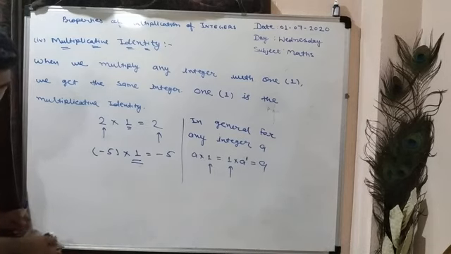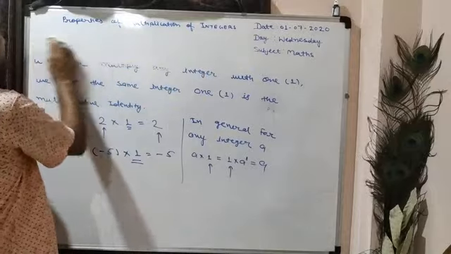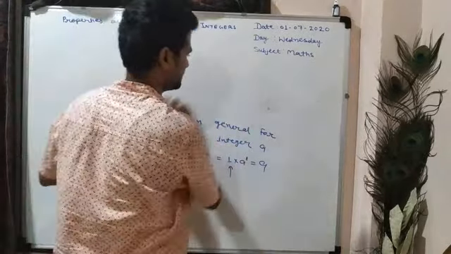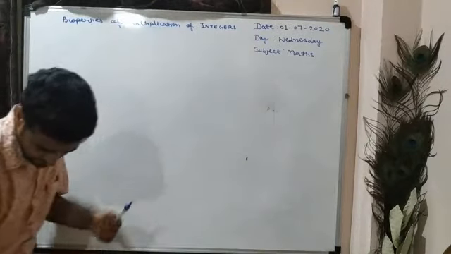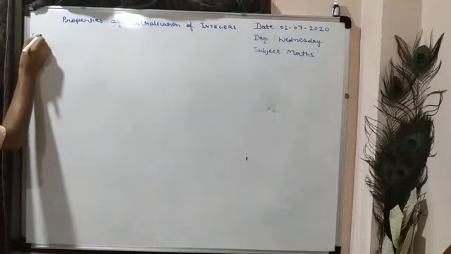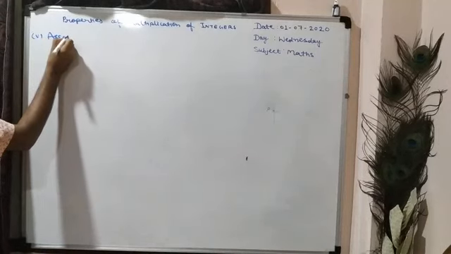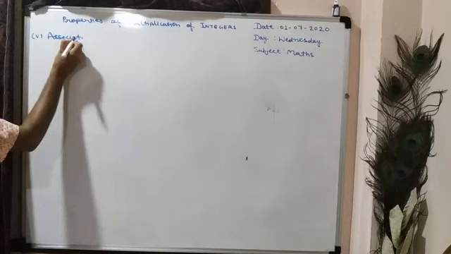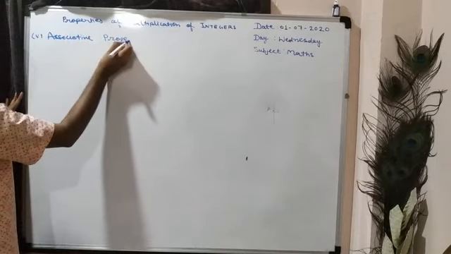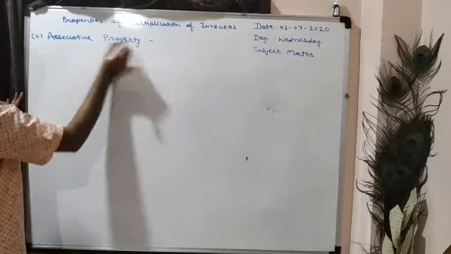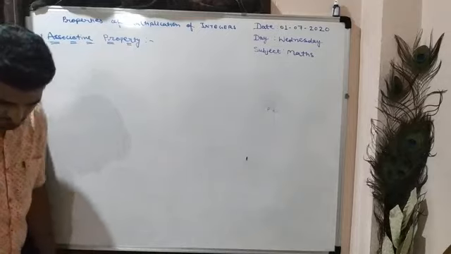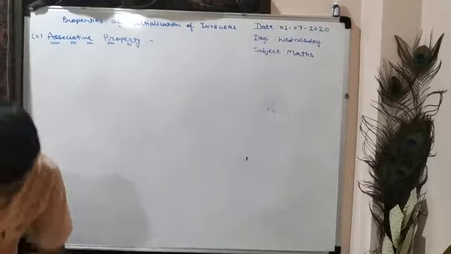The next property is the associative property. Fifth property, associative property.